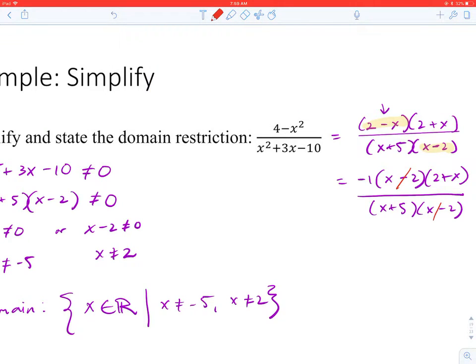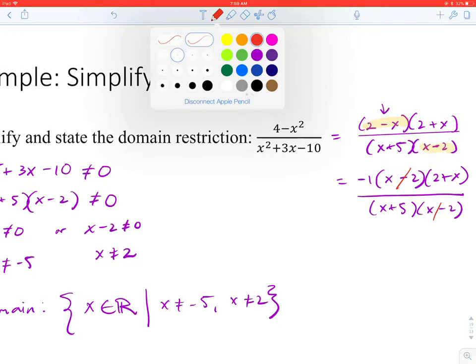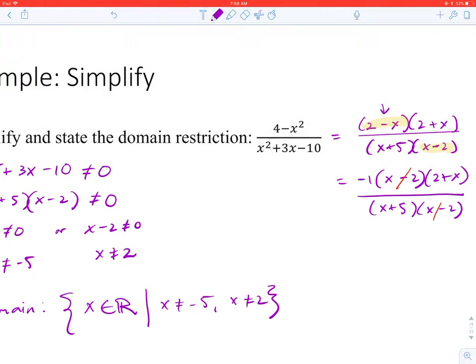So now I can see that x minus 2 in the numerator will cancel with x minus 2 in the denominator. I'm going to pull the negative out front instead of leaving it in the numerator, so that I have 2 plus x over x plus 5.